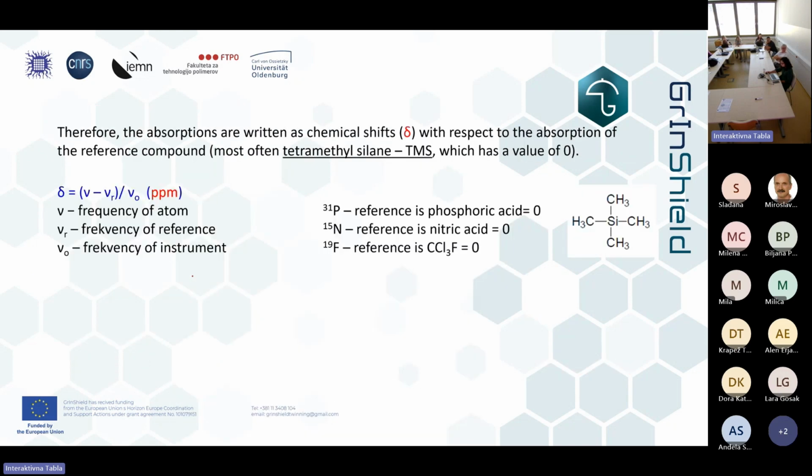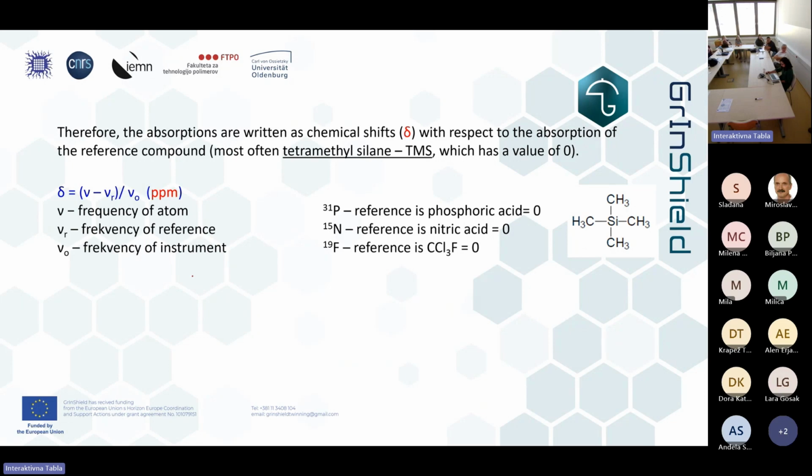So what we do, we use this with standards, and the absorption is written as chemical shifts. So this in ppm depends on the frequency of the atom, frequency of the reference, and frequency of the instrument. So every instrument gives us the position at the same place.